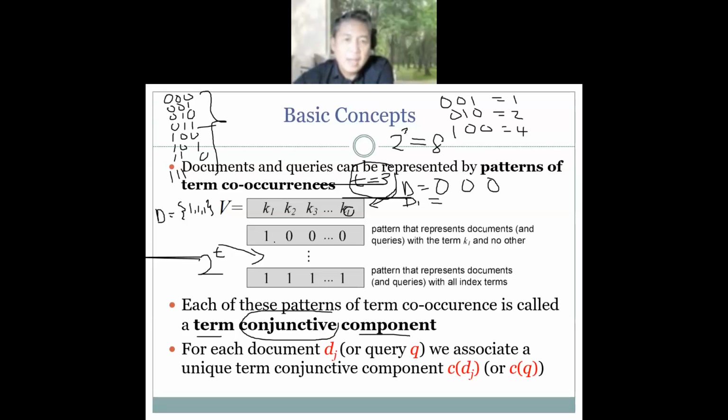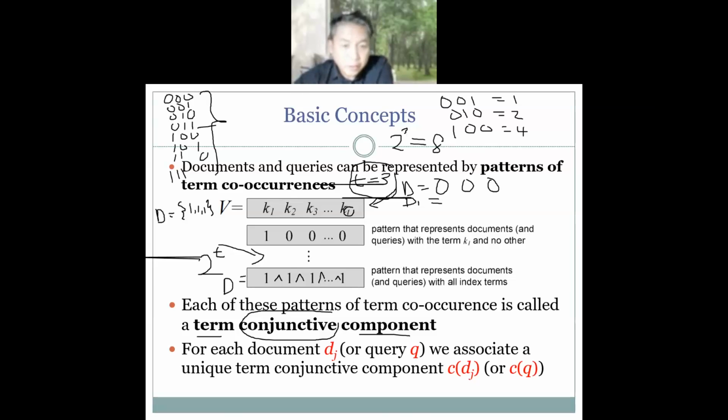So I have keyword 1 and keyword 2 and keyword 3 and so on, until the end. Conjunctive refers to the first bit being on and the second bit also being on. So the last document here may have all the keywords that you have.